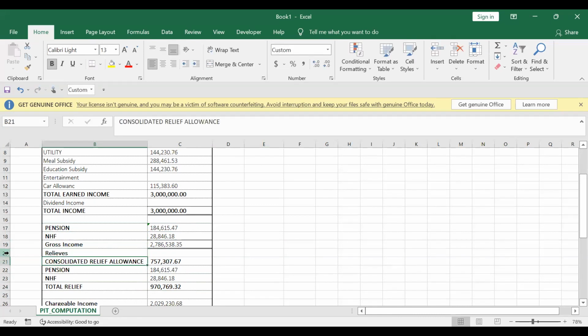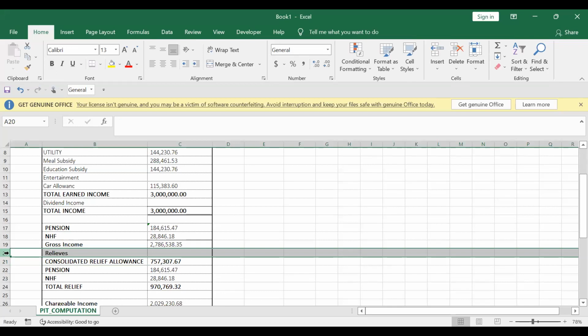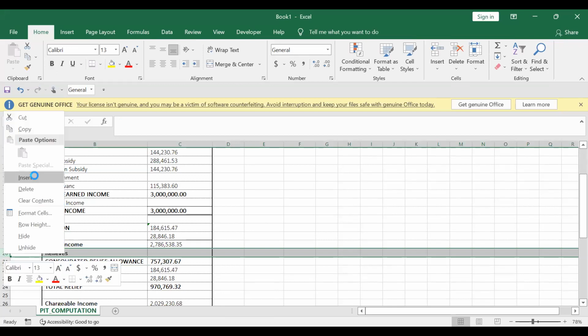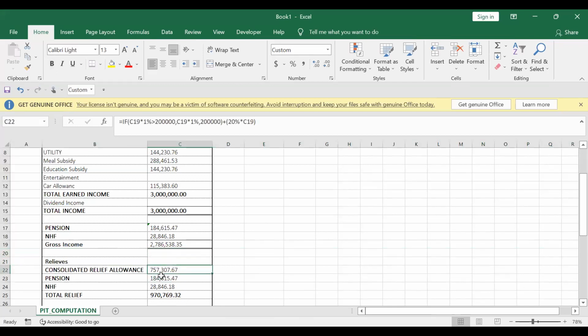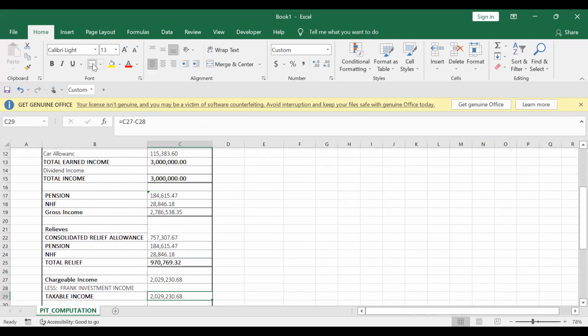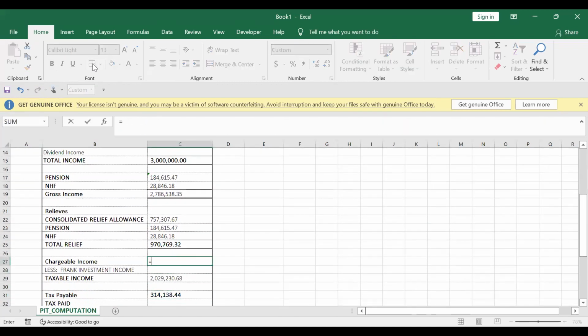So you then add all the reliefs together, that is the CRA plus the pension plus the NHF. This gives us 970. Then your chargeable income is the difference between your total income minus the total reliefs.